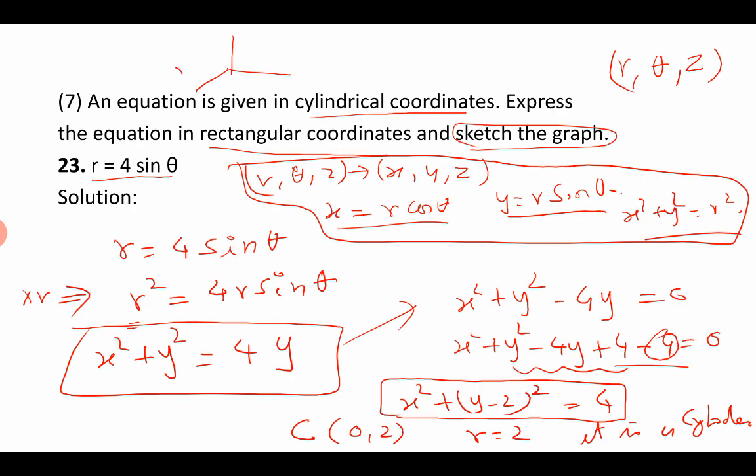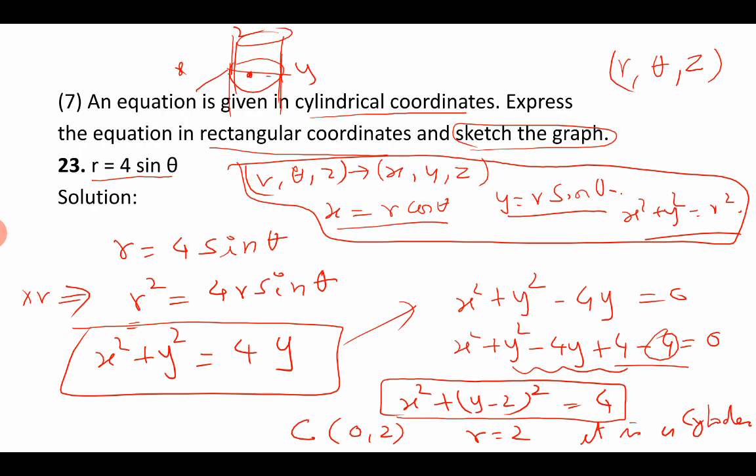This is the x-axis, this is the y-axis, this is the z-axis. Your center is on the y-axis. X is 0, y is 2, it is here. The radius is 2 units. So you are getting a cylinder like this, whose center is on the y-axis. That is it for this problem.